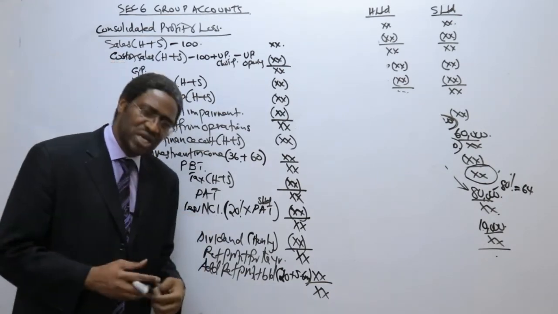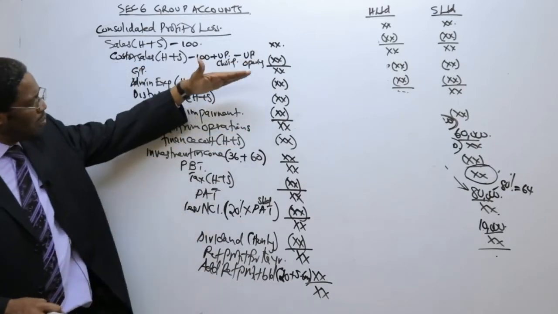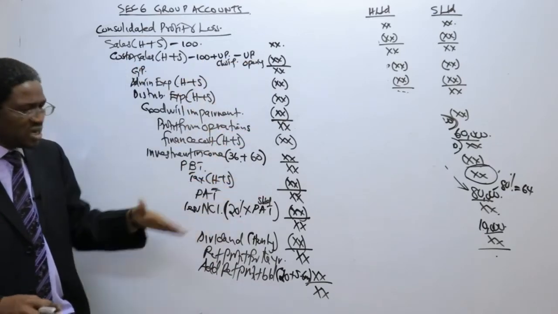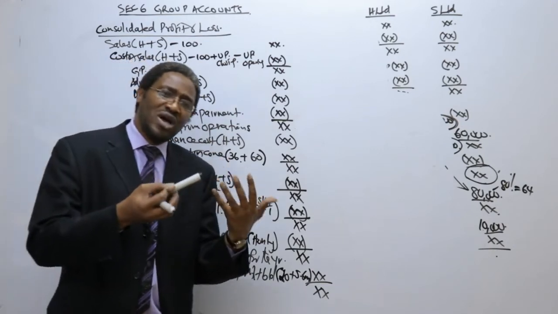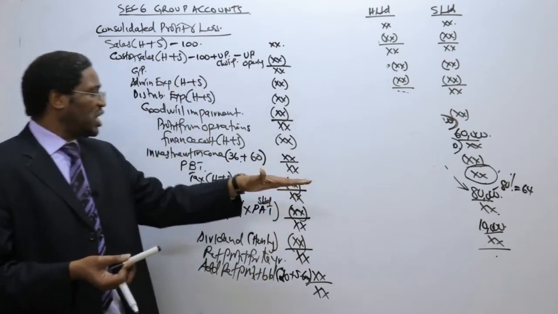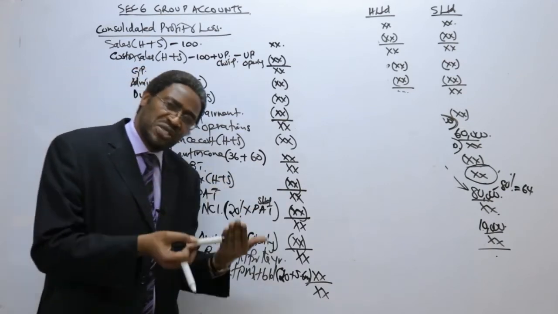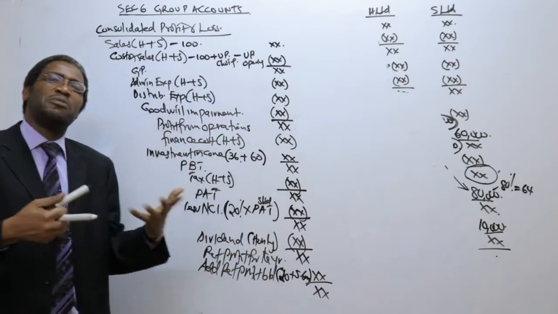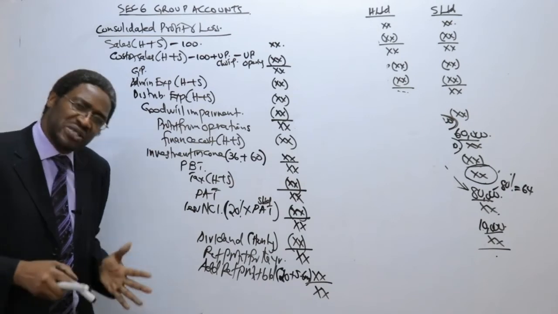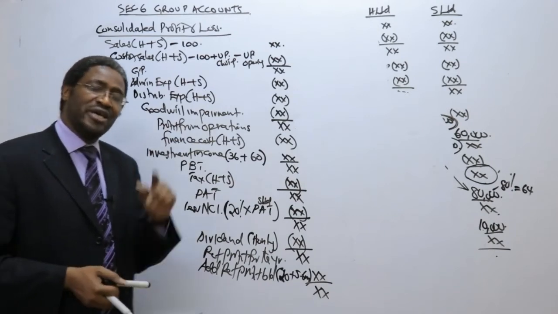In the group income statement, we said you normally add everything of the subsidiary company, and then once you add everything, a time normally comes when you say, but you're not controlling 100%, you are controlling 80%, meaning 20% of what you have been bringing in is not yours.